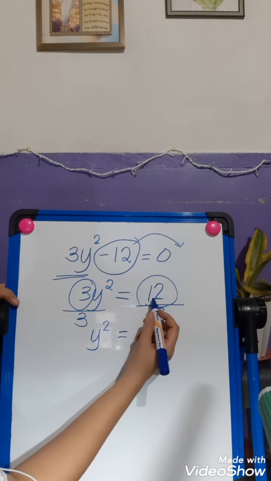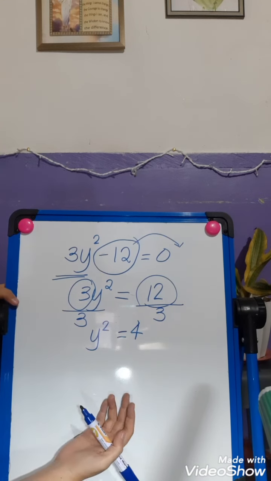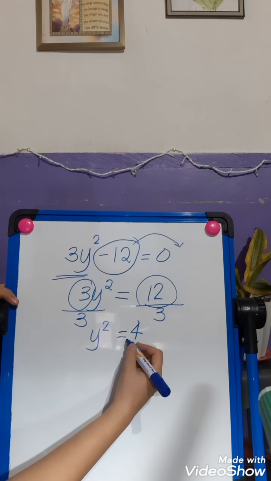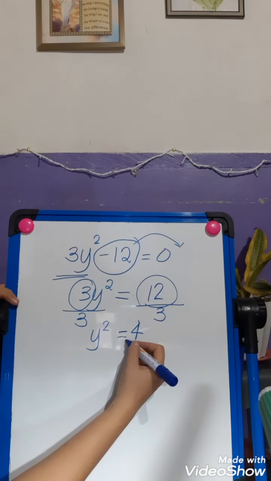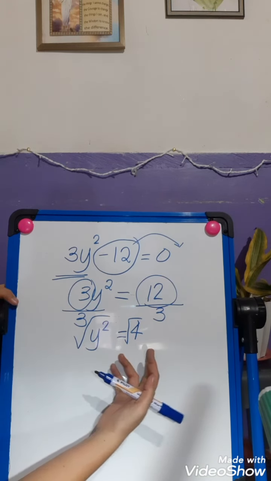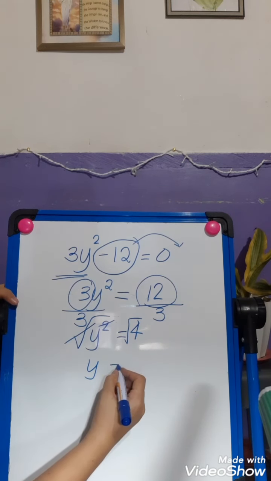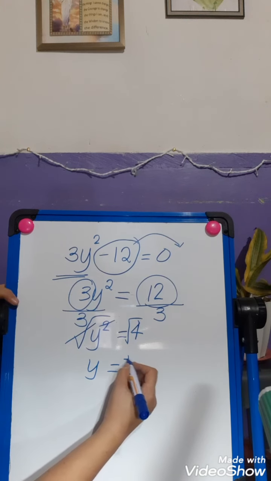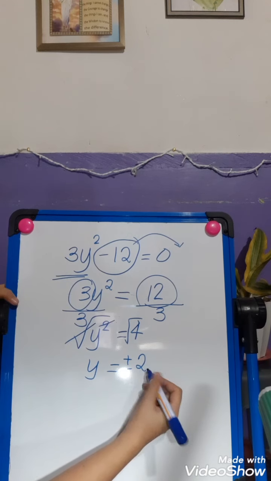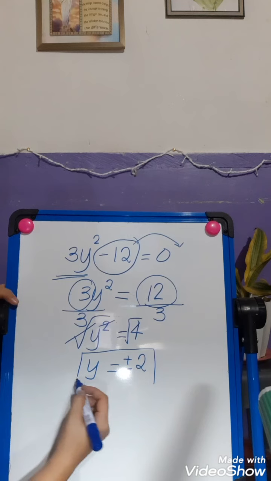Then, 12 divided by 3, that is 4. So, notice that both sides now are perfect numbers. So, we can proceed on extracting the square roots of both sides. So, y is equal to plus and minus, what is the square root of 4? That is 2, because 2 times 2 is 4. So there you go again.